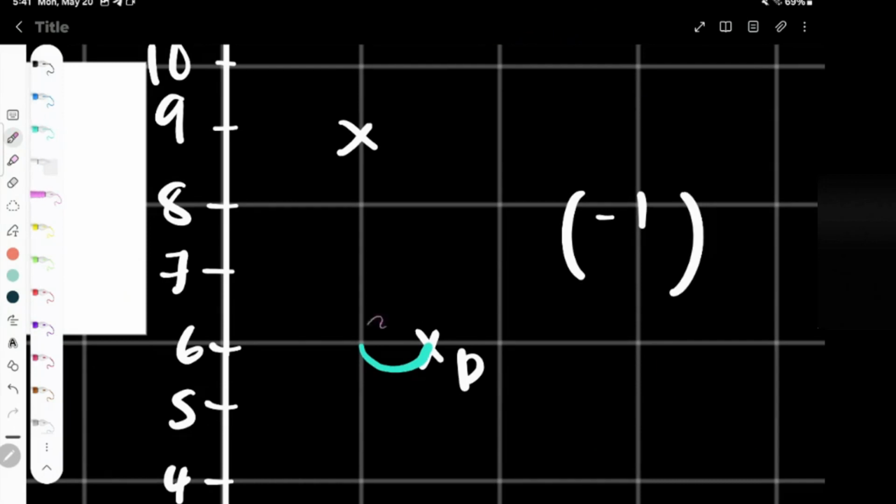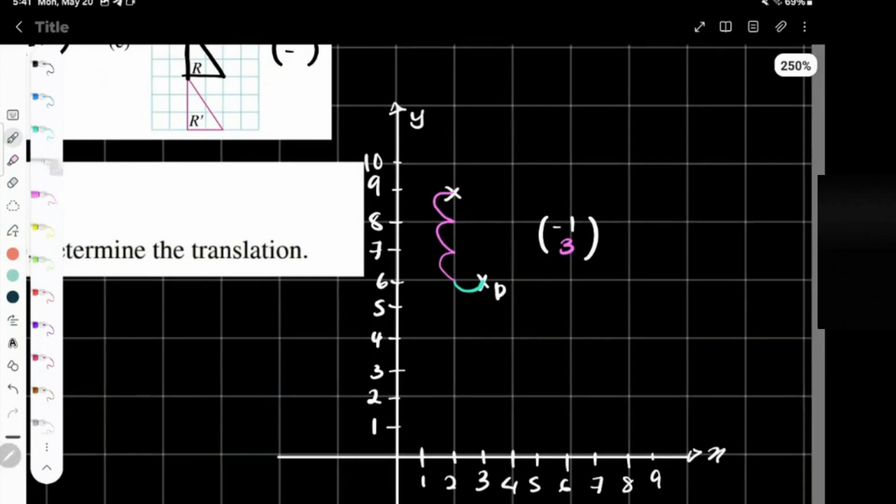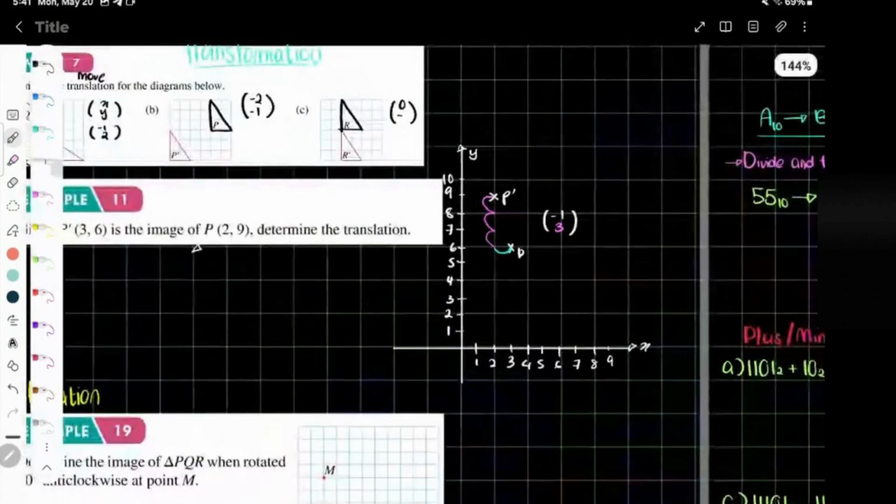It moves by 1, 2, 3. So it should be positive 3, not -3. Why? Because it's going up. Positive is for going up, negative is going down. Positive is for going right, negative for going left. So the P prime translation is this thing here. Understand?